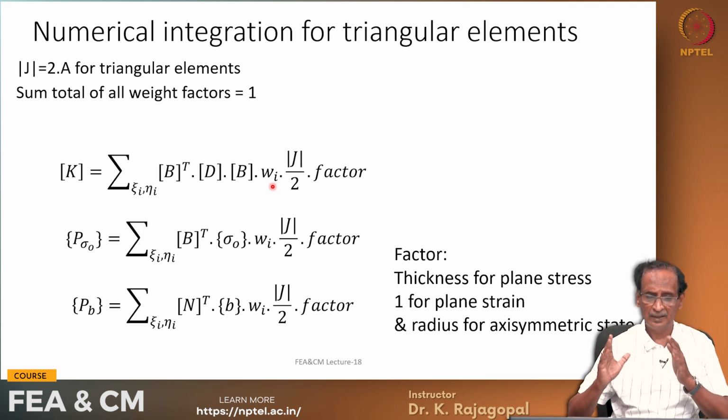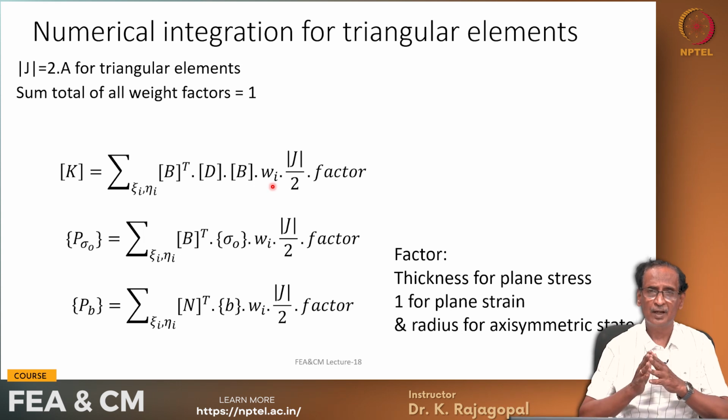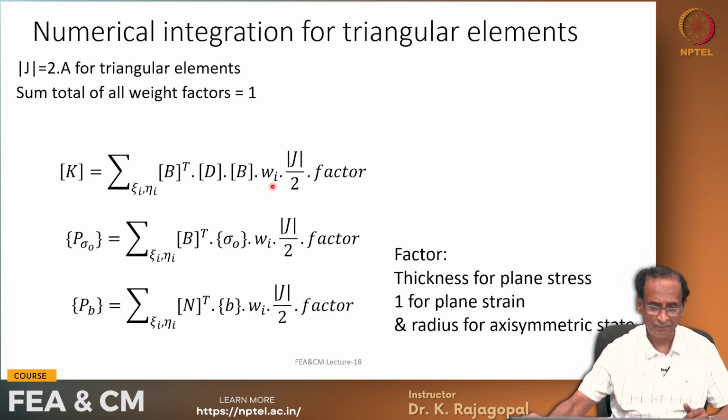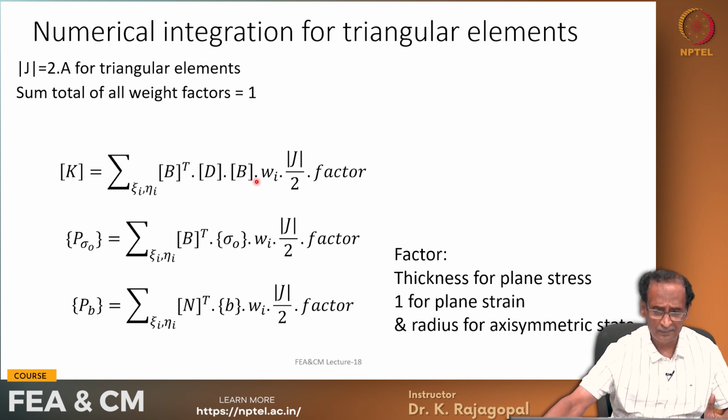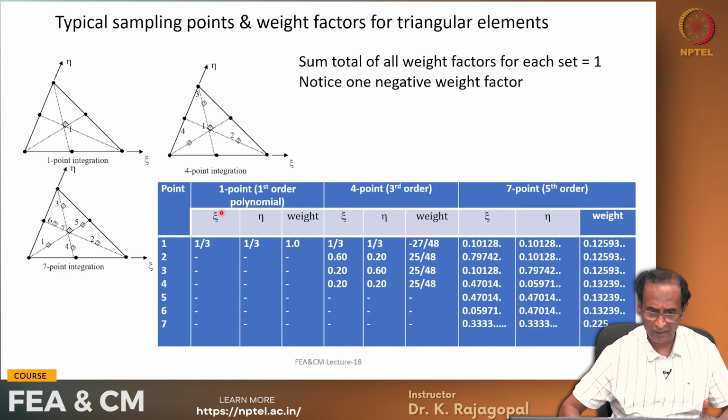At each and every sampling point we can have different xi and eta values. So for say 1-point integration, xi and eta are just 1/3, 1/3, Wi is 1, and so on. Okay. And if you have more points, you have the xi and eta varying like this: 1/3, 1/3, 0.6, 0.2, 0.2, 0.6, 0.2, 0.2, something like this. I think it's illustrated here.